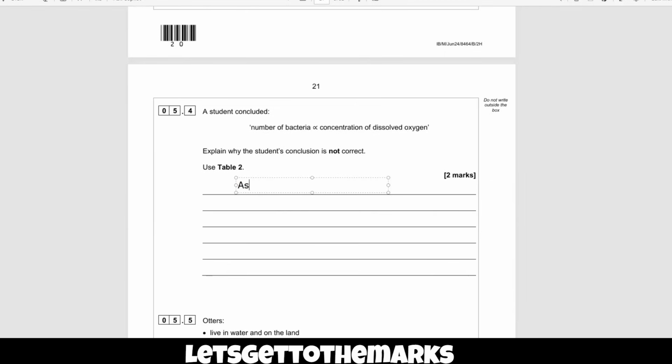So as the number of bacteria increases, the oxygen concentration goes down. Don't worry about the spelling, because we're all about speed here.